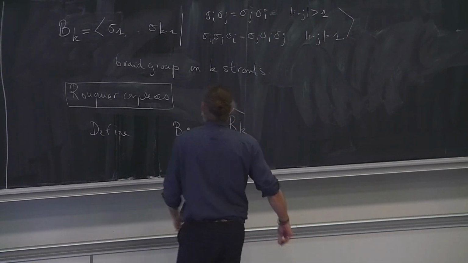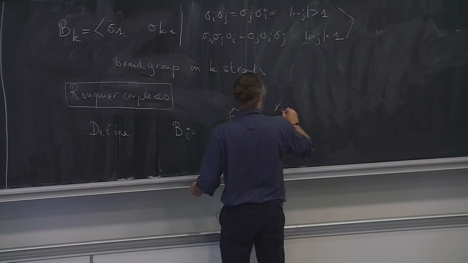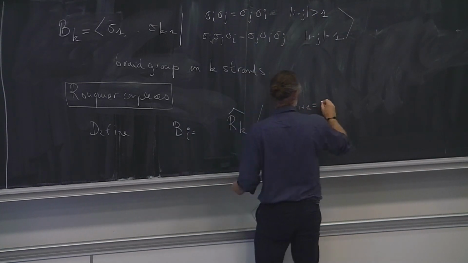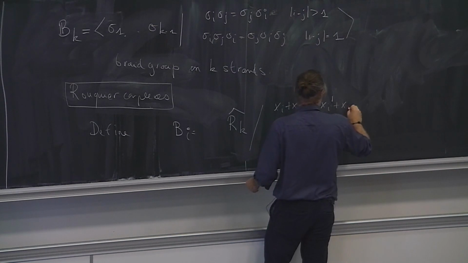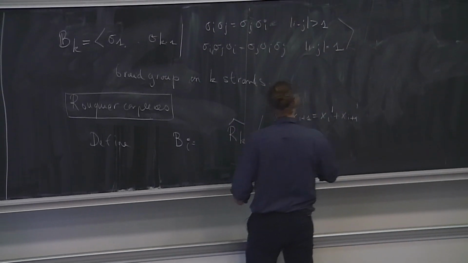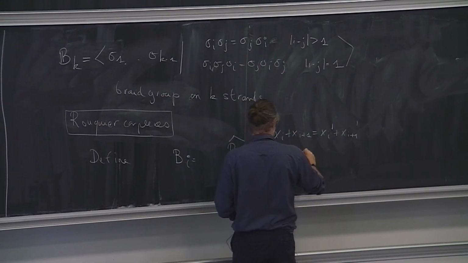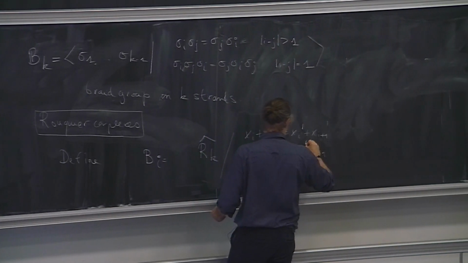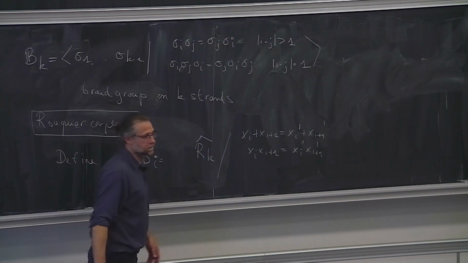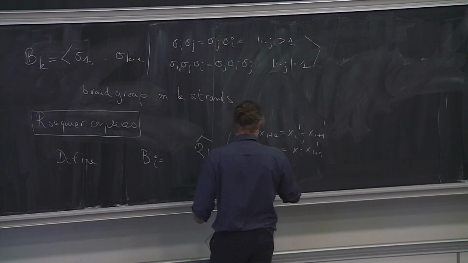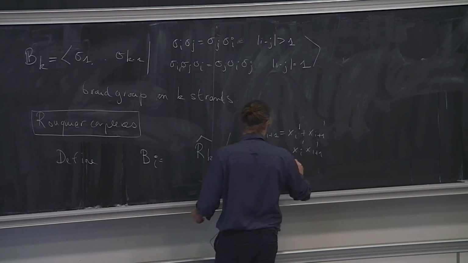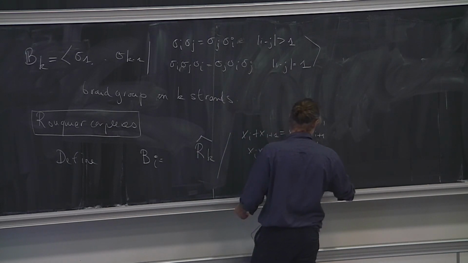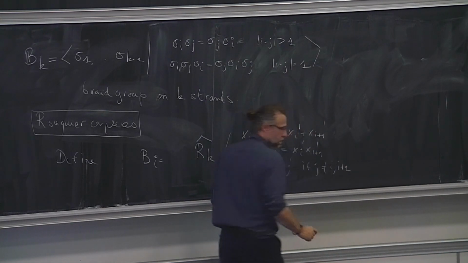And then I mod it out by x_i plus x_{i+1} equal to x_i prime plus x_{i+1} prime, the product of the non-primes is equal to the product of the primes, and otherwise x_j equals x_j prime if j is not i or i plus 1.